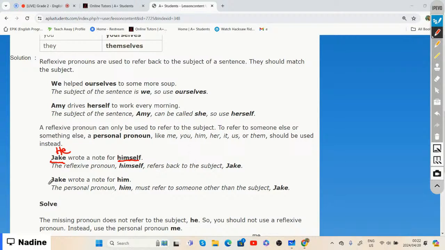But if we say Jake wrote a note for him, then it means that Jake wrote a note for someone else. So this is a personal pronoun, and himself is a reflexive pronoun.